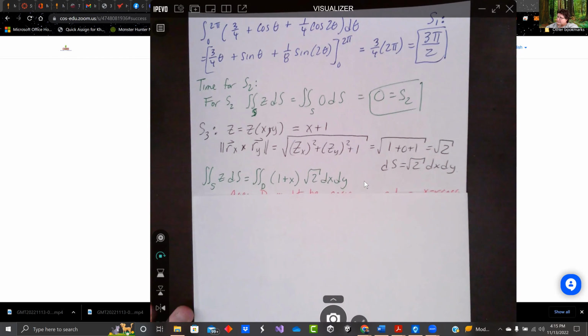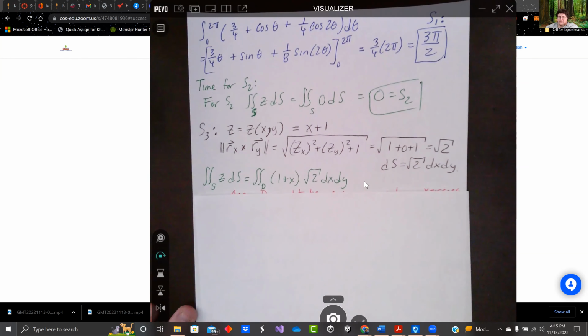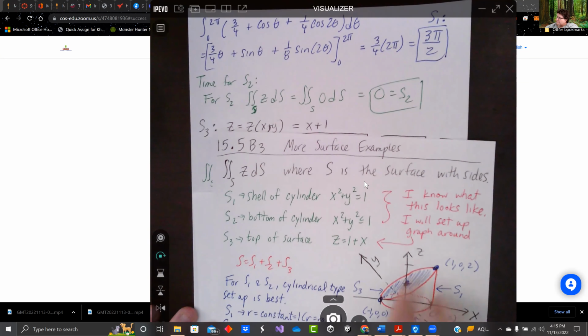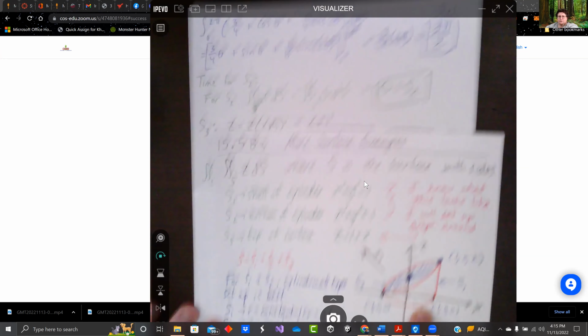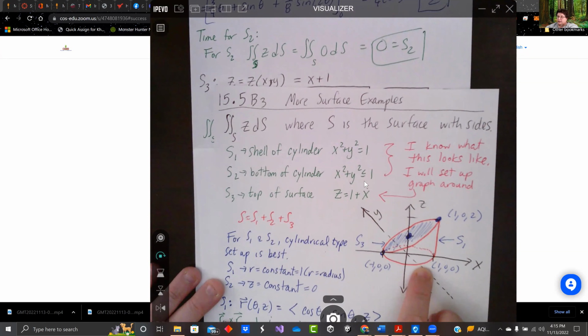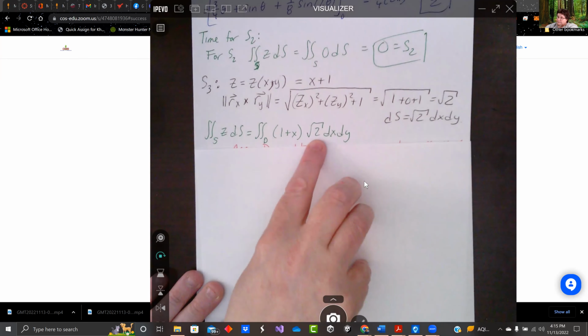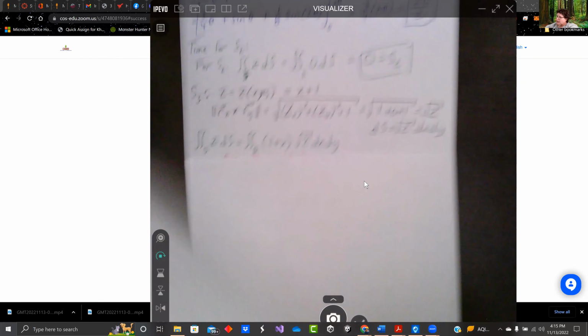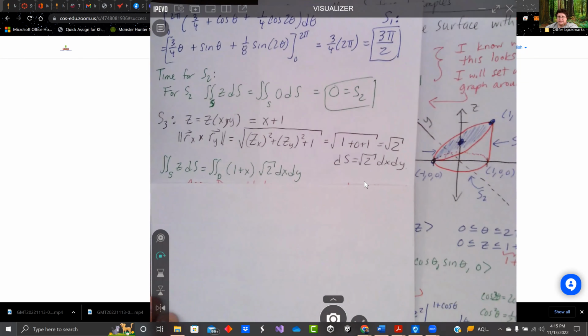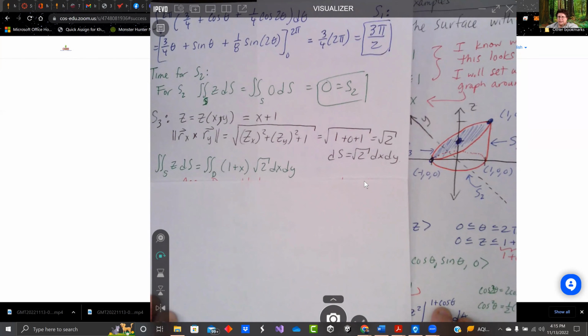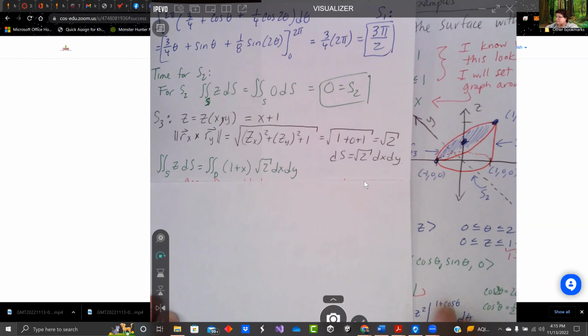So I can write it like this. Now basically, this has been mapped down to the xy plane. The way we did it here, this dealt with the z. Now that we are in the xy plane, I can switch to polar more easily. So let's switch to polar.